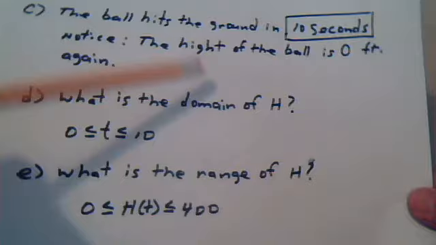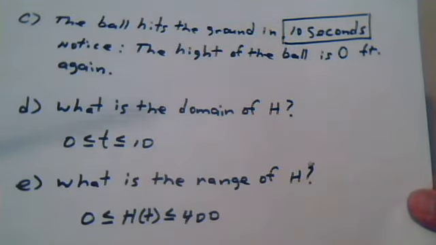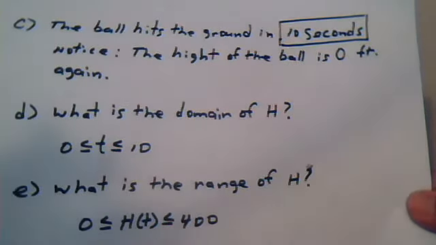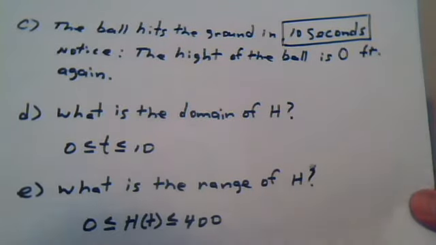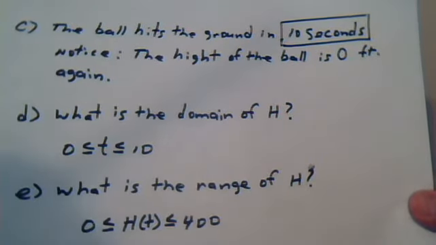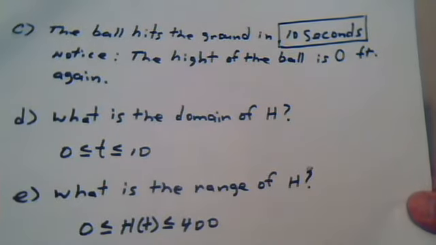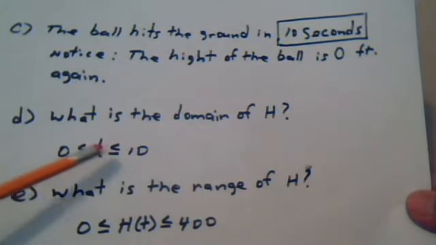D, what is the domain of H? Domain means the horizontal value. So in this case, the horizontal values are the time, the t. So which horizontal values were used? That's the domain question. Those are the inputs to the formula. So that's the horizontal value from 0 to 10.